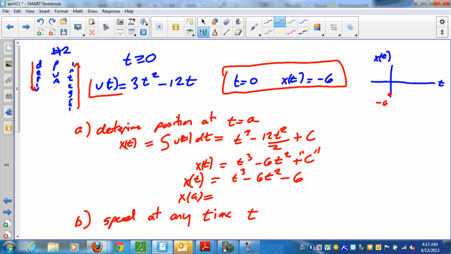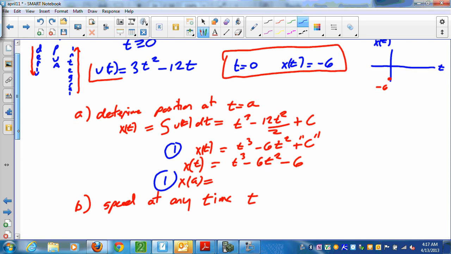So if that was a number, you would just plug in that number in the parentheses for time. In this case, you just plug in the letter a. So that's not too bad. You probably get a point for just taking the integral, and another point right here for coming up with the correct answer in this part.